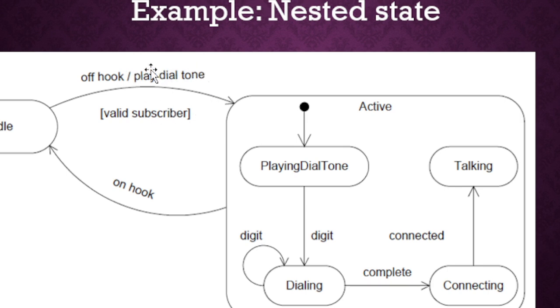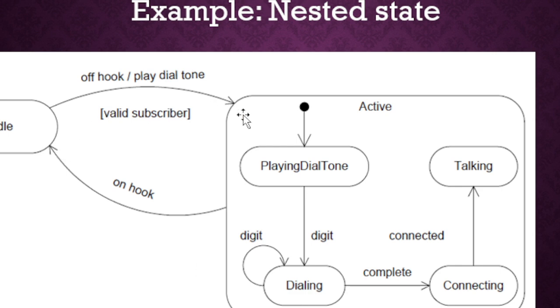If it is not there, either you are not a valid subscriber, or maybe the machine has certain issues. So you come into a state which is the bigger box here, called the active state. This active is my superstate, and all of these, talking, connecting, dialing, playing dial tone, are substates.